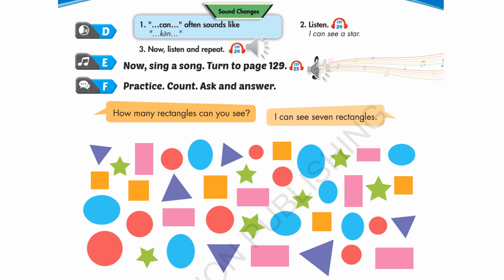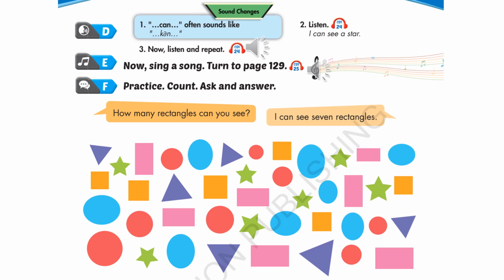How many triangles can you see? I can see 3 triangles. How many rectangles can you see? I can see 5 rectangles.